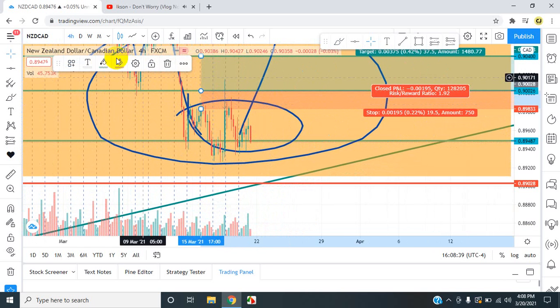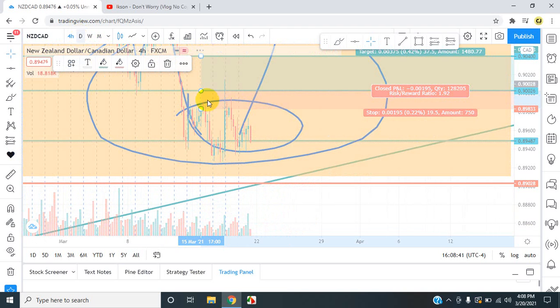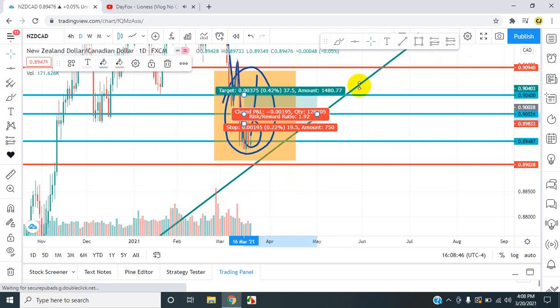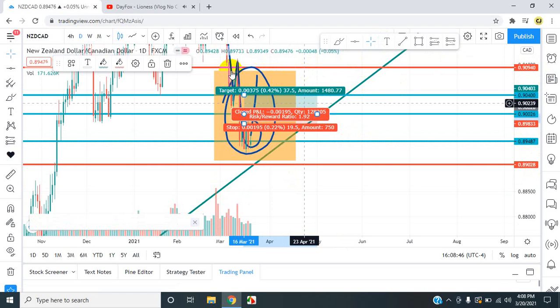So this will be an amazing move, everyone. In CAD, once the market identifies itself on the time frame within this rectangle, we can take the trade. It will look about 37, 40 pips to the high, and if the market goes back about 19.5 to the low, that's an amazing trade, everyone.